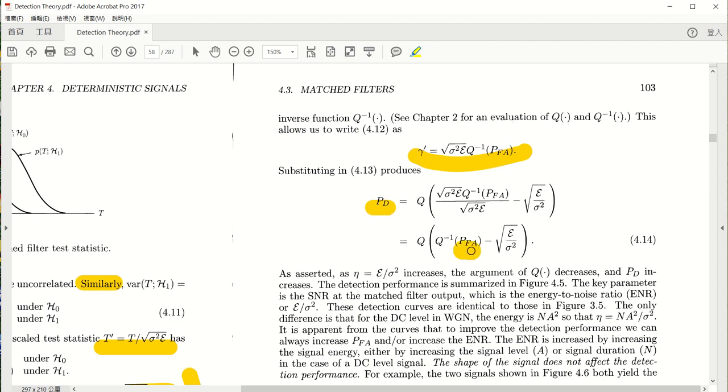And the intermediate variable is going to be gamma prime. So we will substitute this gamma prime in PD as a function of gamma prime, and then do some simplifications. Then you get PD as a function of PFA. And of course, there are some outside variables such as epsilon, sigma square, and the Q function, and those things are all known. Okay.